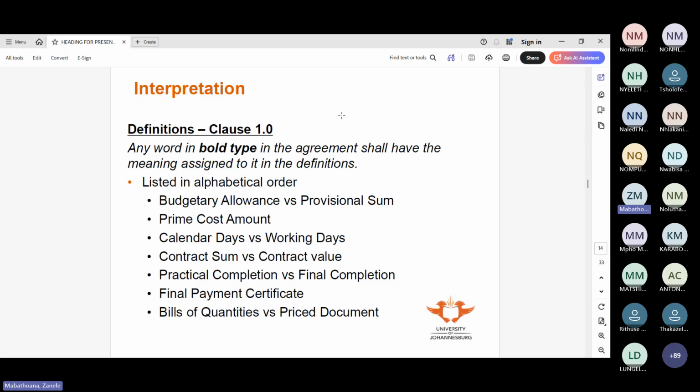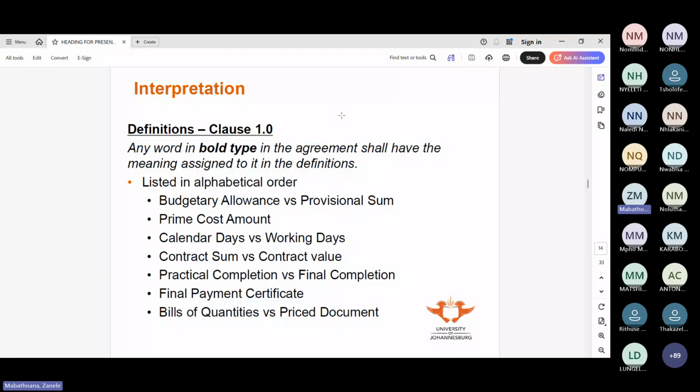When they say agent, what do they mean? What is an agreement? Bills of quantities. So any word that you come across when you're reading the clauses and you're not sure, you can't give it your own definition. If it's in bold type, you check under the definitions clause to say, okay, what does it mean? What is default interest? What is considered a defect? What is considered construction information? What is a direct contractor? What is employer?